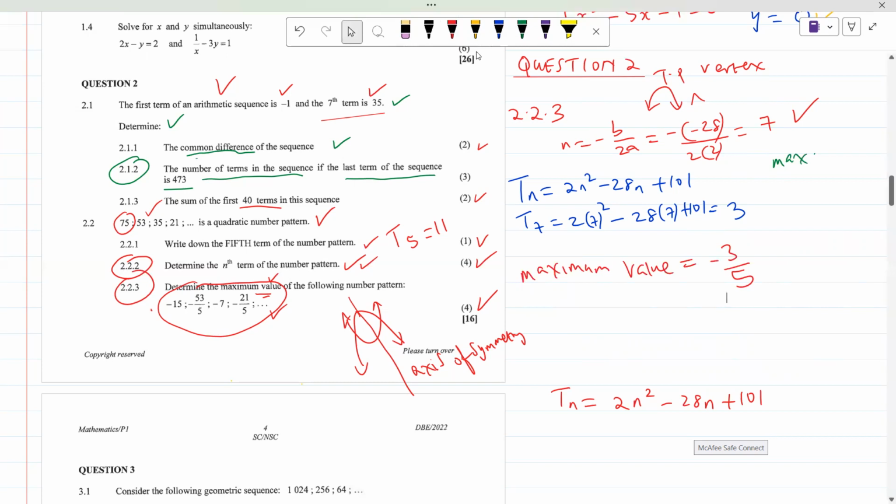So the maximum value is this one. Obviously, it is the maximum value of the new pattern, minus 3/5.